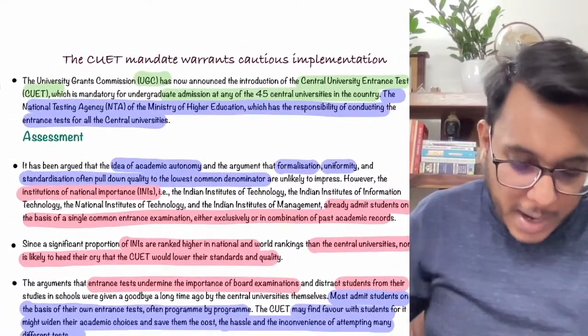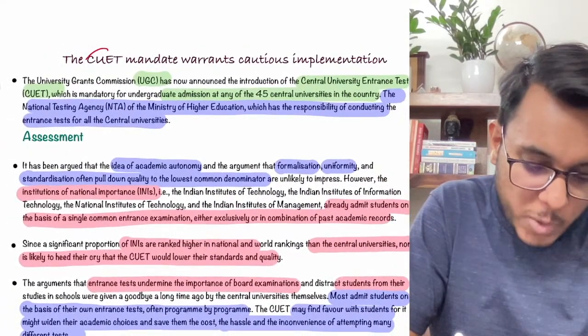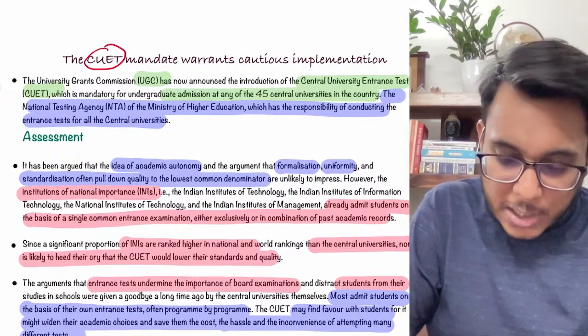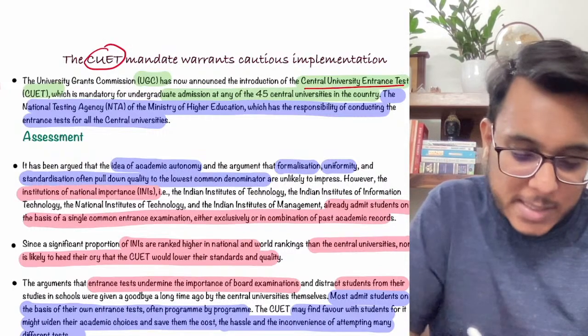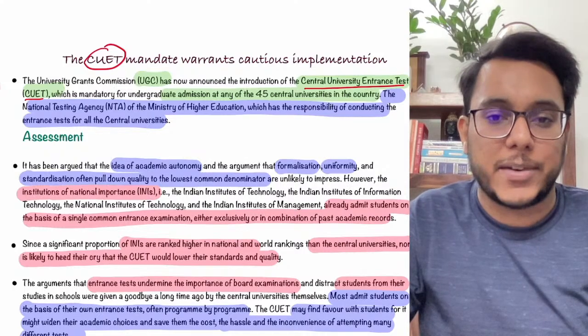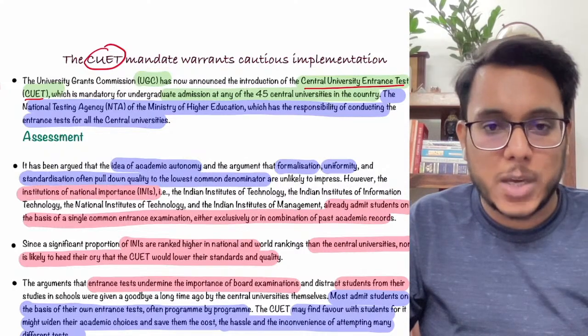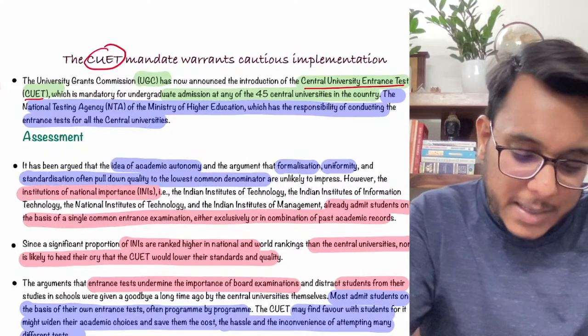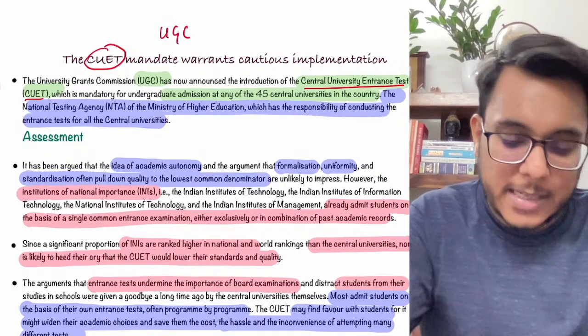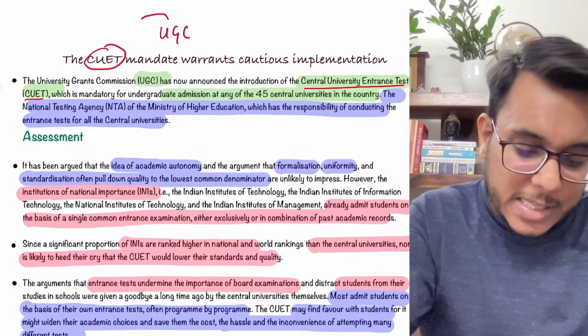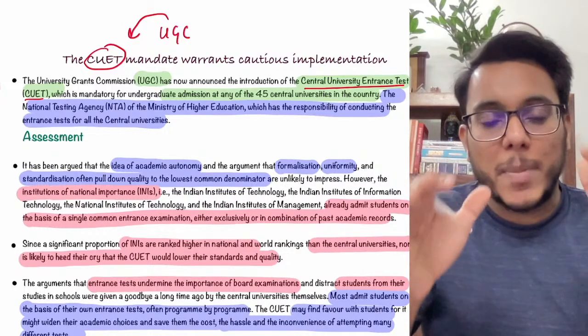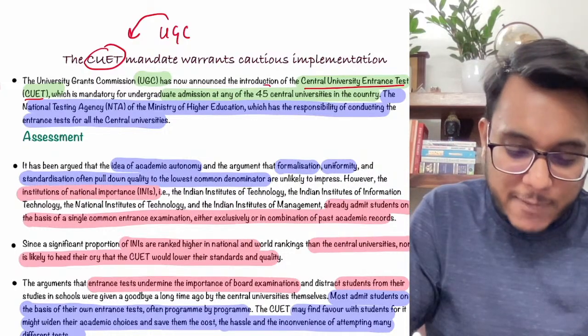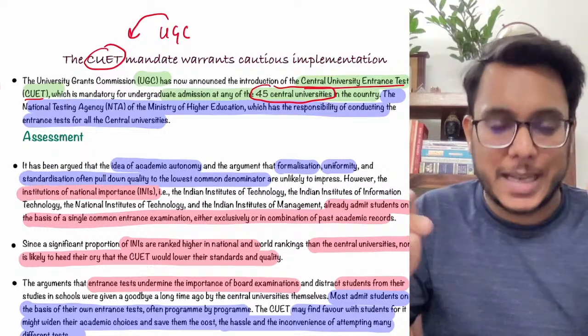So guys, this particular article is talking about the CUET, that is the Common University Entrance Test. We have seen earlier also that the UGC, University Grants Commission, had provided that CUET will be a common test over the 45 central universities in the country.